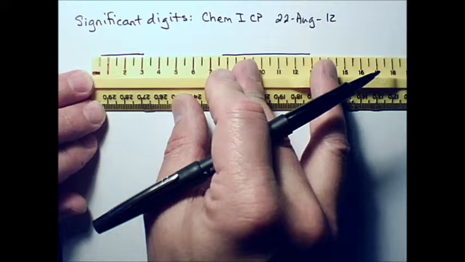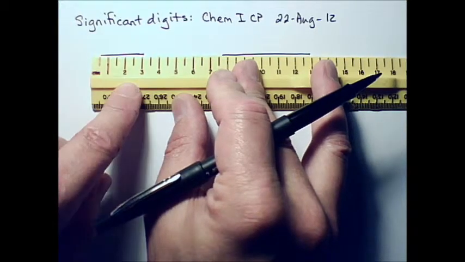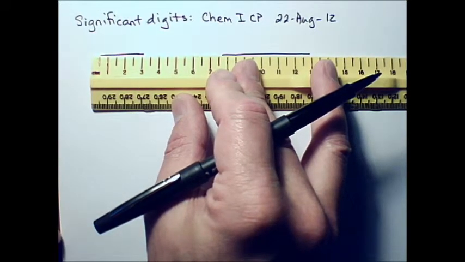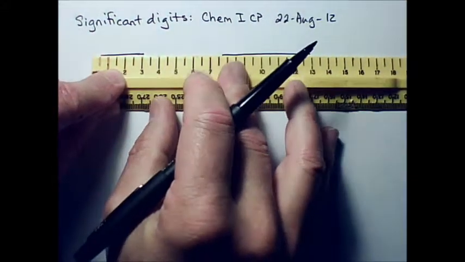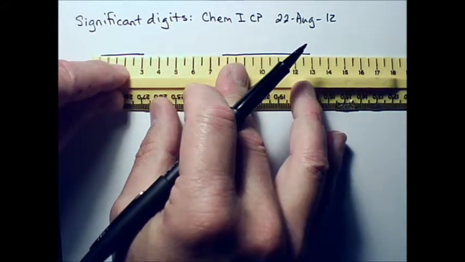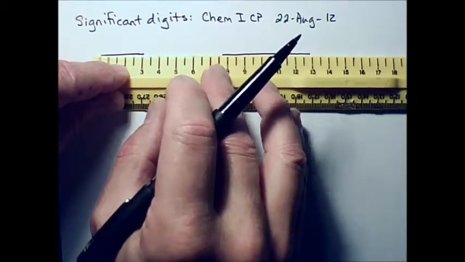Now, that would have been just fine for most of the classes you've had up to now. But at this point, we want to be as precise as this instrument will allow us to be. And it's actually possible to be more precise than 3 centimeters. That's where we do something called estimating a final digit.